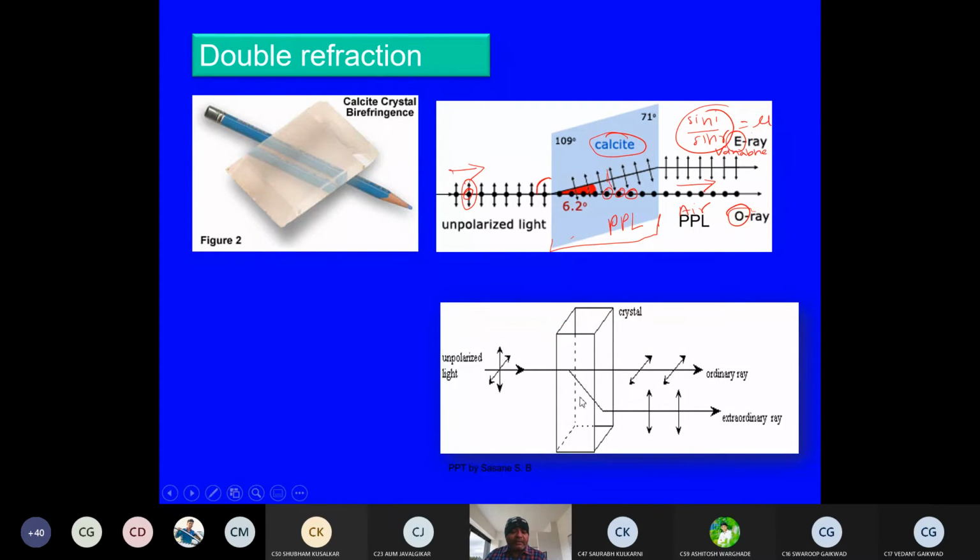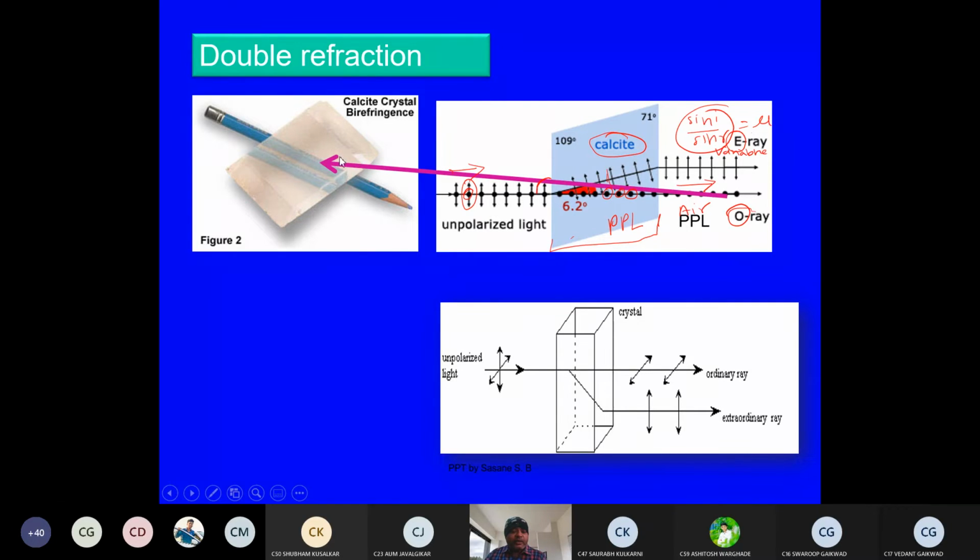You can visualize this process in 3 dimensions using this third diagram. So this unpolarized light, when it enters the crystal, will split into 2 beams. One is ordinary and the other is extraordinary. Inside the crystal, both have different speed and different direction, but out of the crystal, both have the same direction and same speed.